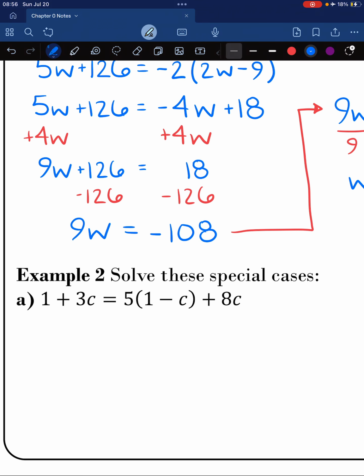Okay, let's see what's so special about these special cases. I'm going to start by distributing. Let's combine like terms on the right side here.